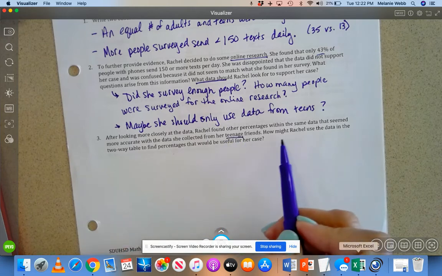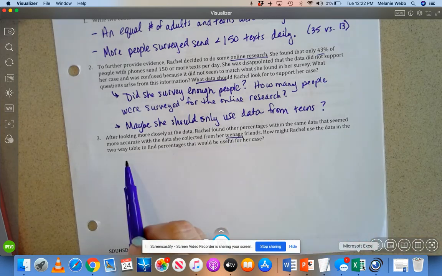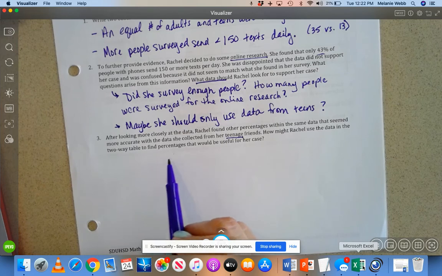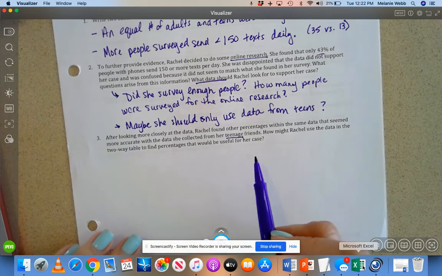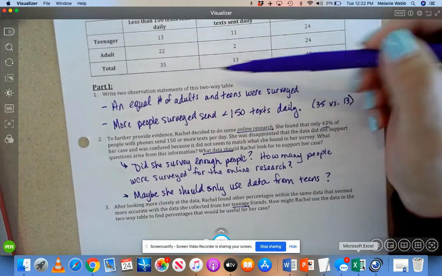How might Rachel use the data in the two-way table above to find percentages that would be useful for her case? So, there's lots of numbers in here.